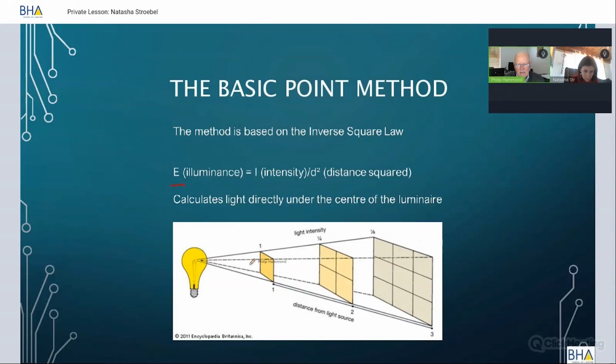So there is your center line. At 1 meter away from that lamp, your illuminance is equal to the intensity divided by distance squared. At 1 meter away, the area covered would be equal to one of these blocks.